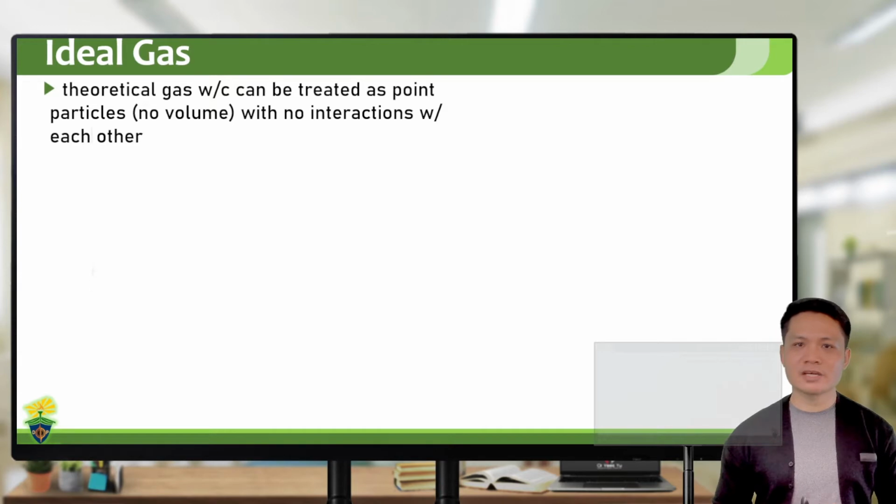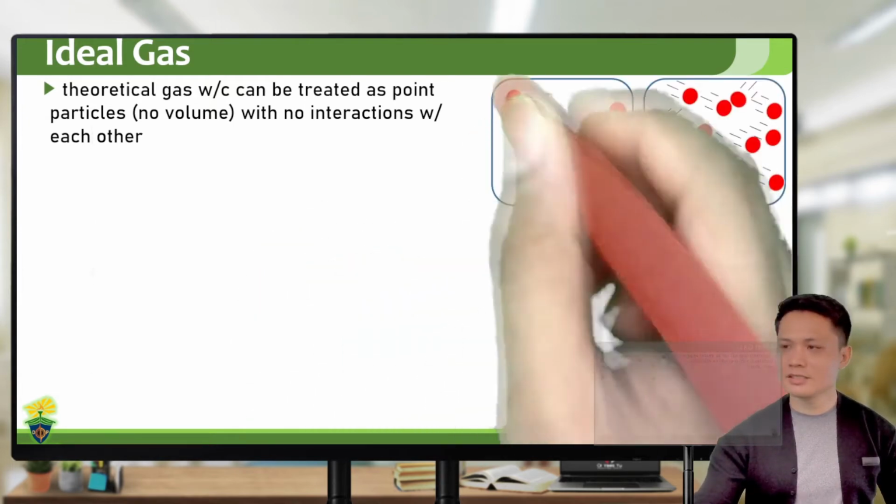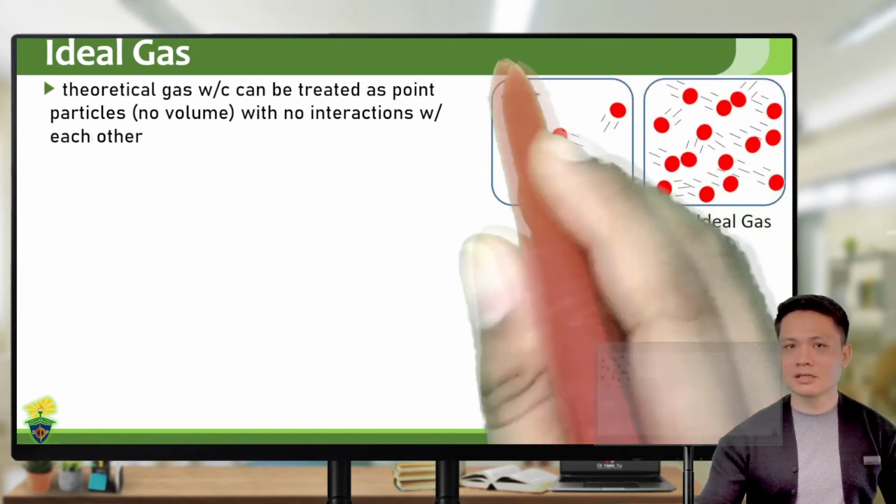To simplify it further, the particles do not interact with each other. They are just moving in space without considering what other particles are doing within that volume. Say we have the ideal gas here inside this rectangular volume.